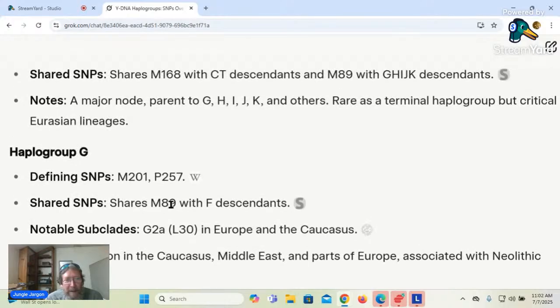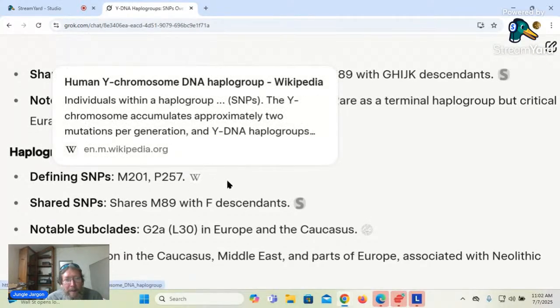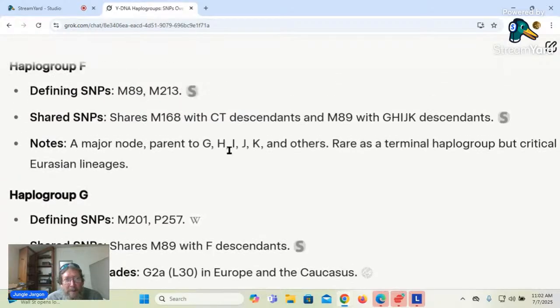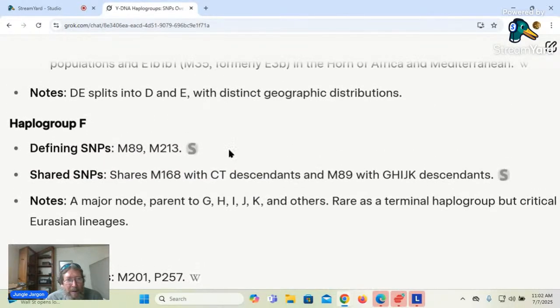The M89 is shared with F, but with F, it's called the defining marker, but this is where the M89 actually ends, right here. It should be, F should be, this M89 should be the shared marker that it has with the other ones.